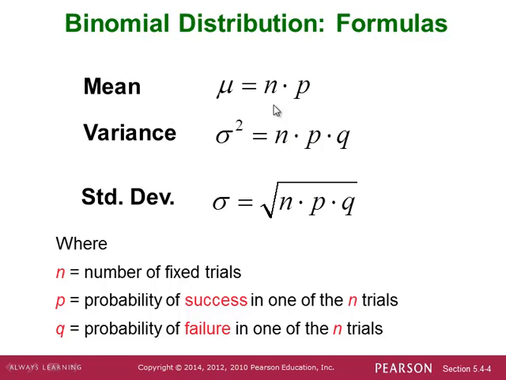So the mean is going to be calculated by taking the sample size times little p. Variance, sigma squared, is n times p times q. Remember, q is 1 minus p. So for the roll of a single fair die, little p was 1/6. Q is 5/6, probability of a failure. Standard deviation is the square root of variance, square root of n times p times q. Okay?